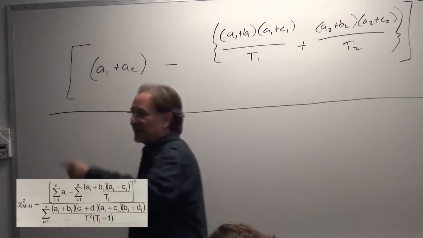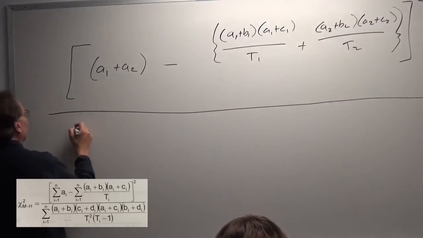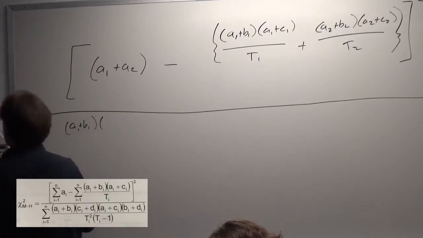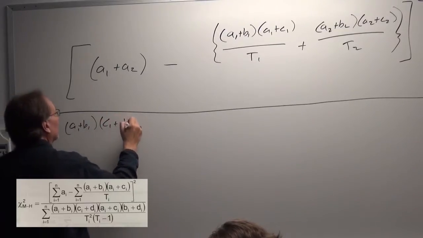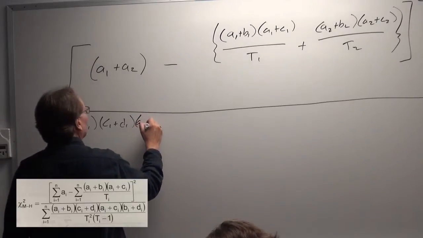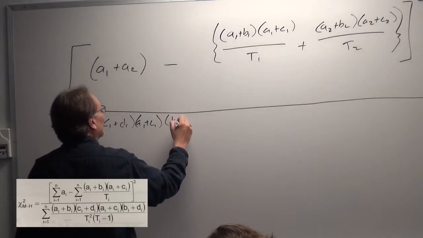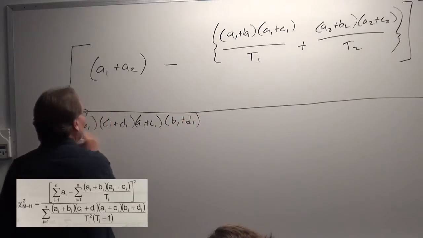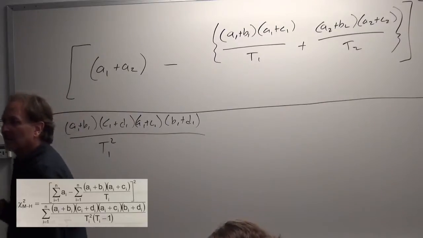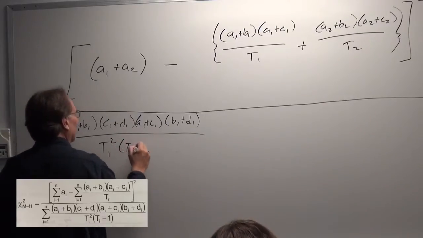Then you do the denominator: A1 plus B1, C1 plus D1, A1 plus C1, B1 plus D1, over T1 squared times T1 minus 1.